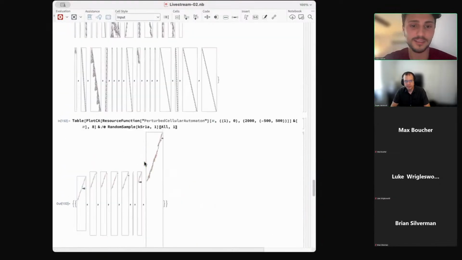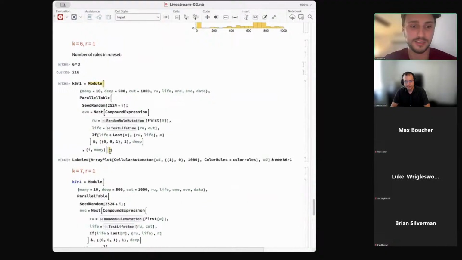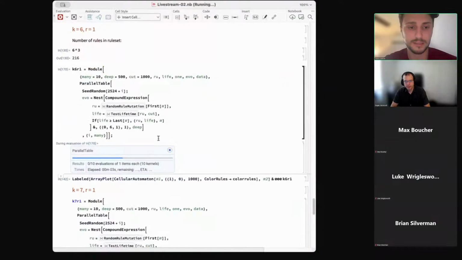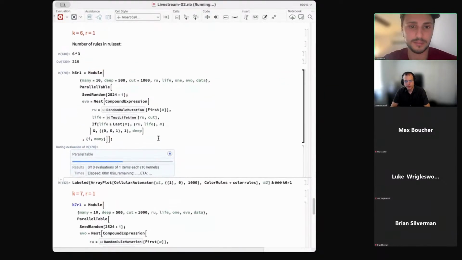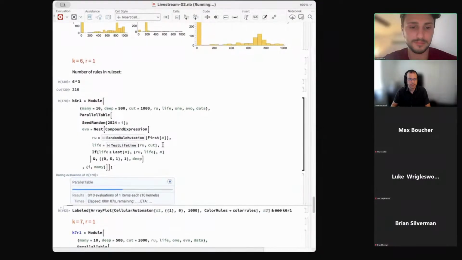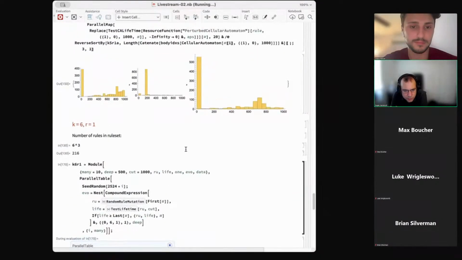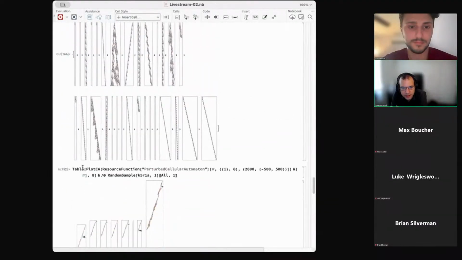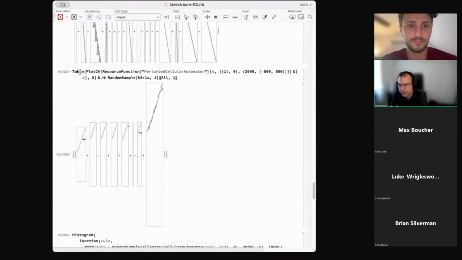Okay, but let's look at some higher colors and just keep going. So we're just going to evolve a k equals 6. So this is evolving for what type of metric? I guess that was evolving a rule set.